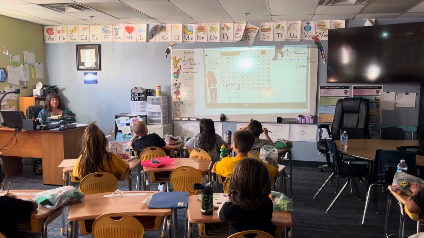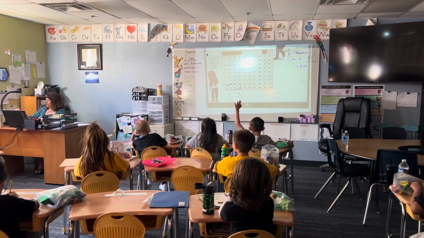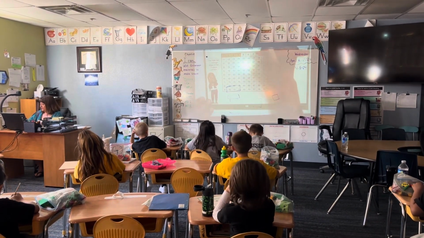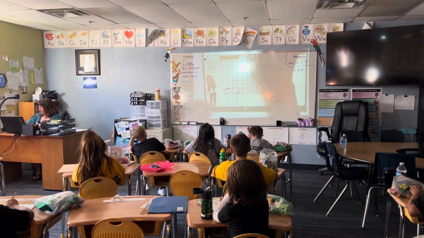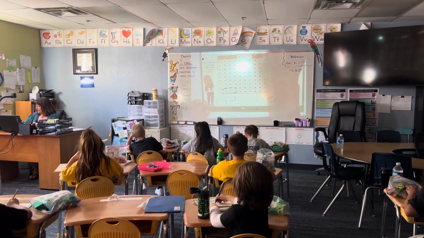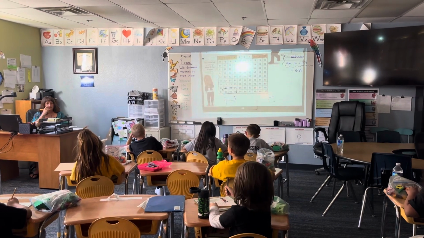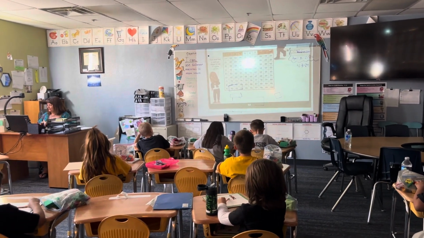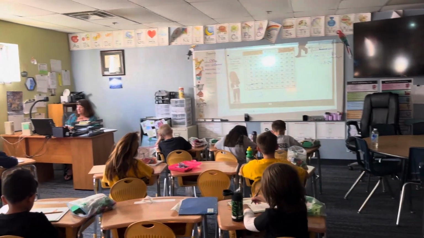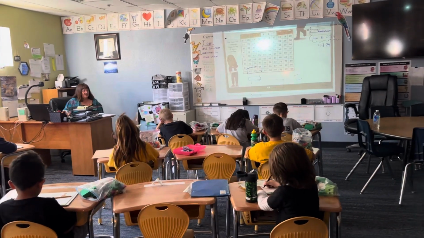It's a square. Just a square? What if I colored in 8, 9, and 10? A rectangle. Good job. Let's see how many you guys can find. Give me a few minutes.